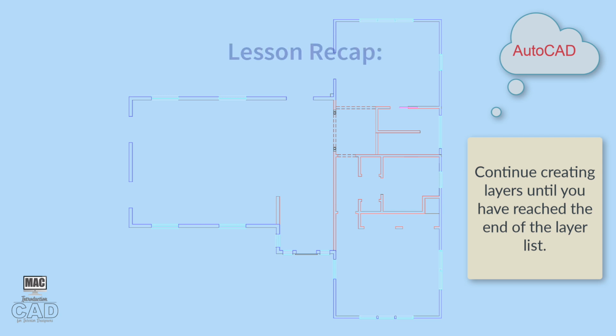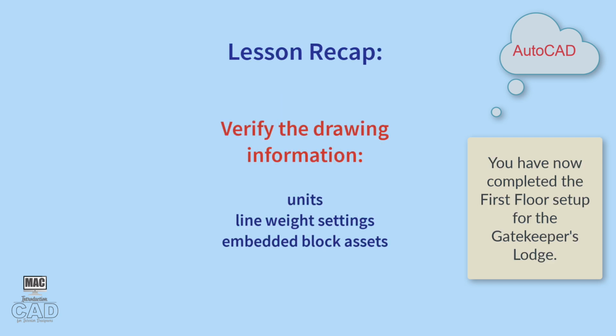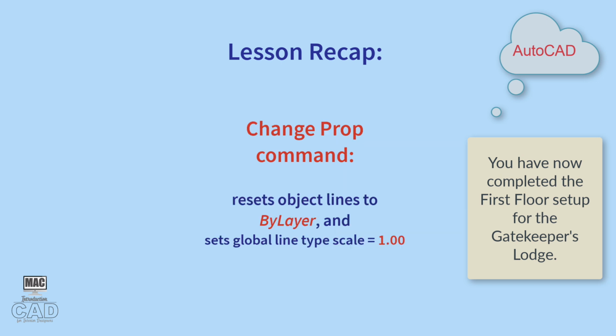You have now met the objectives for this assignment by demonstrating the following concepts. Always verify the information in a file you have been provided. This includes checking the units, the line weight settings, and the embedded block assets. Also covered in this lecture is the change property command, which resets all of the object lines to a by-layer definition and defines the global line type scale as 1.00.